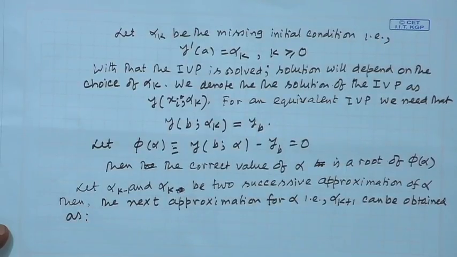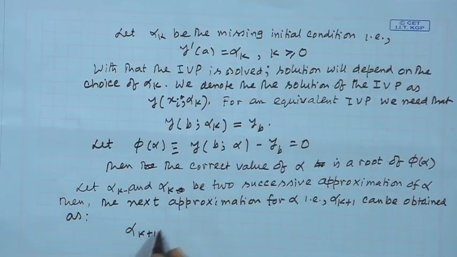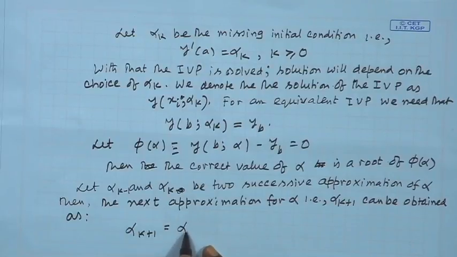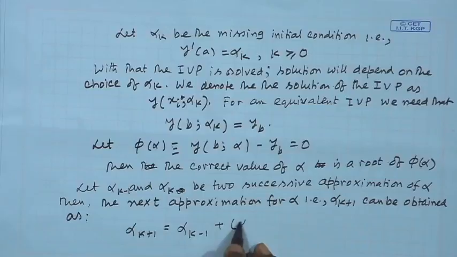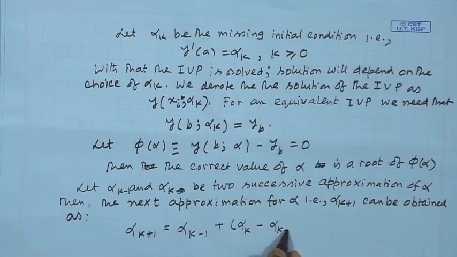So, here we apply the secant method for finding the roots. That means we join the 2 points by a straight line, and the point where it meets the x axis is taken to be the next approximate value for the root.